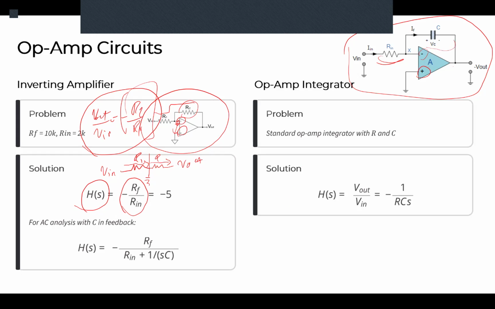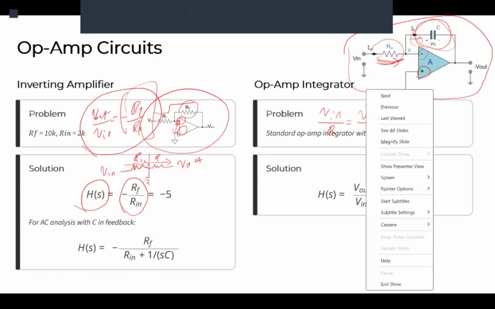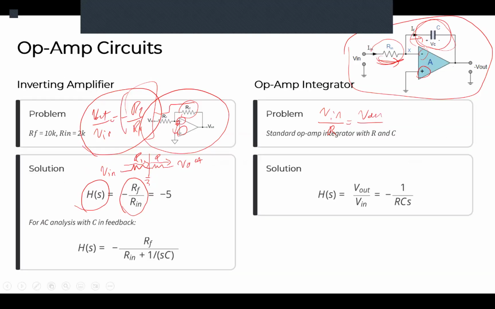Now, if we have an integrator and run a KVL, what happens here is that C dV/dt kicks in. So the current here is going to be V in over R, and it's going to be the same current as the capacitor, so it's going to be equal to C dV out over dt.